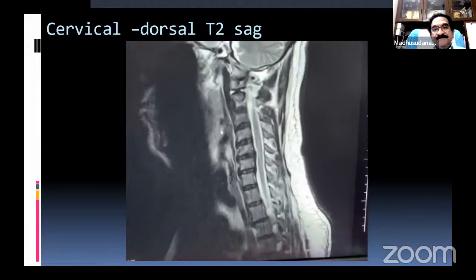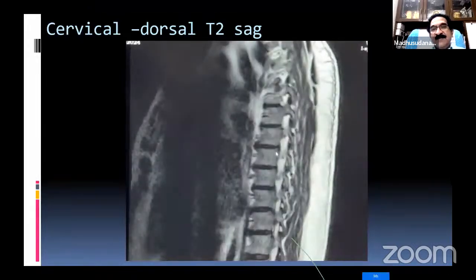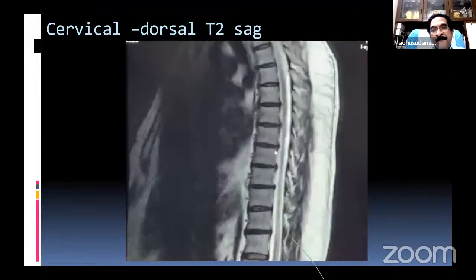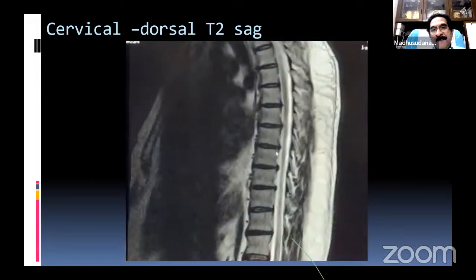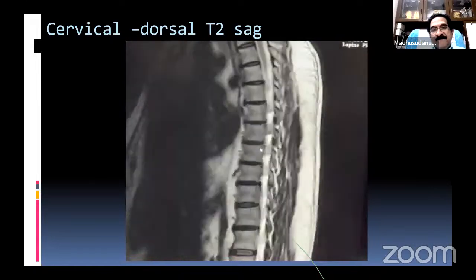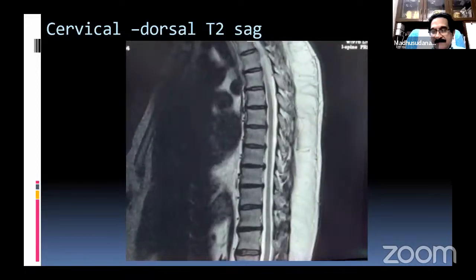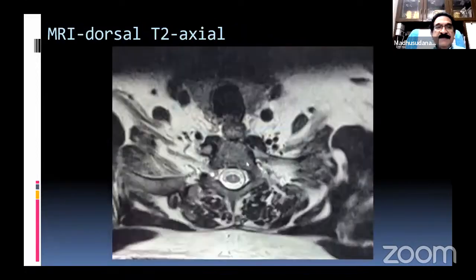Sagittal cut. That is sagittal dorsal. Then this is a dorsal T2 axial.